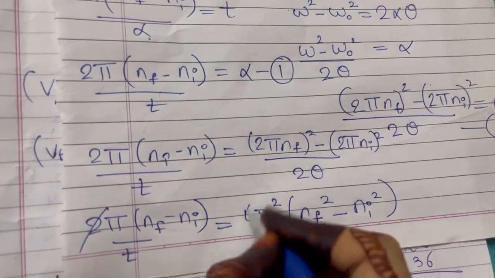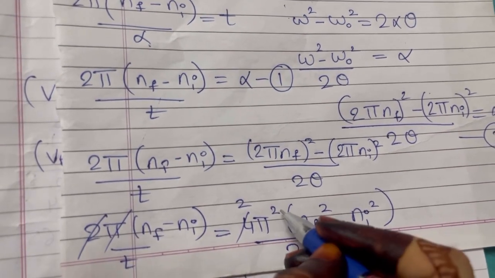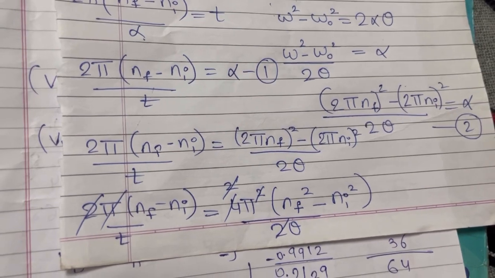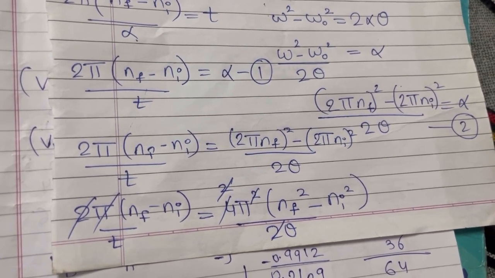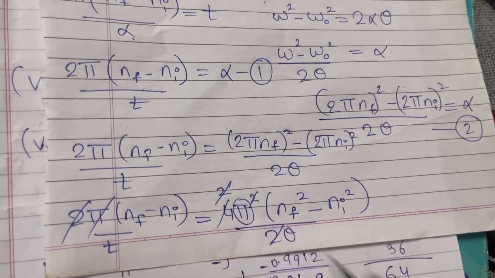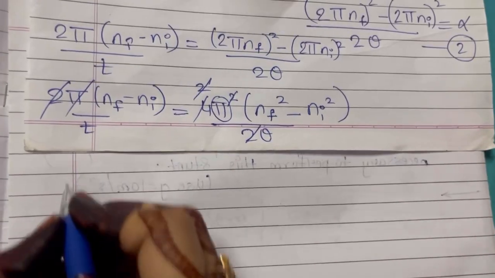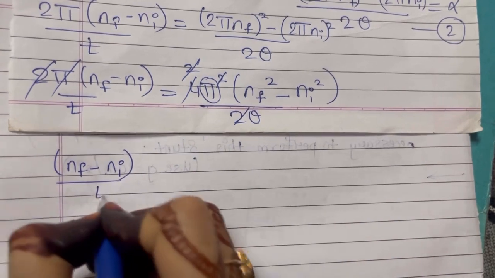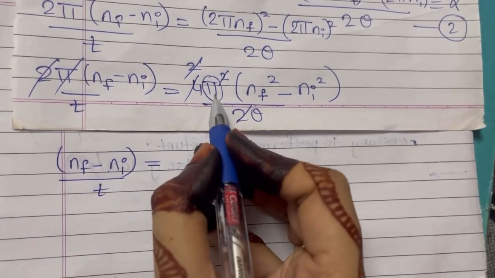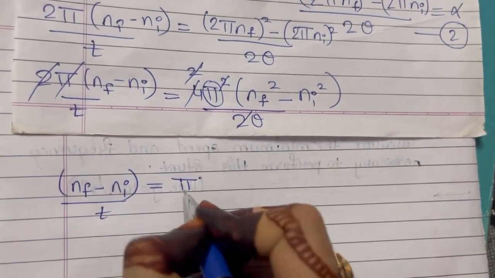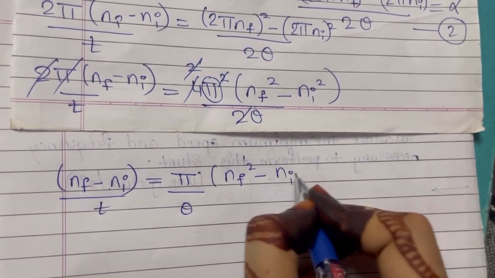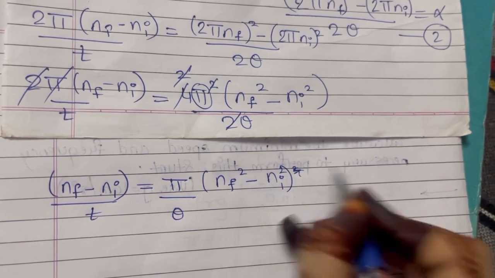So 2 from here and 2 remains, pi from here and a single pi remains over here. This 2 and this 2 get cancelled. So we are left with only pi over here. So now on the left hand side we have nf minus ni upon t, that is equal to pi upon theta into nf square minus ni square.